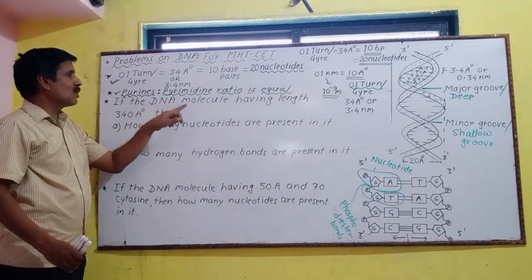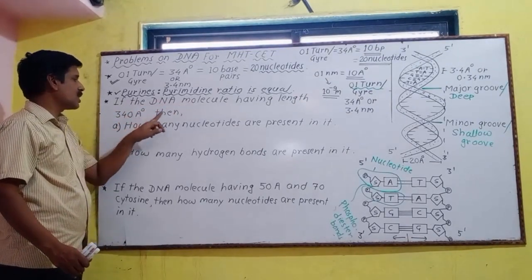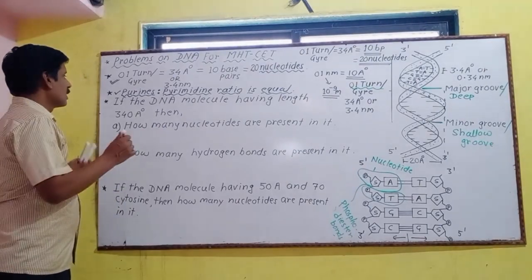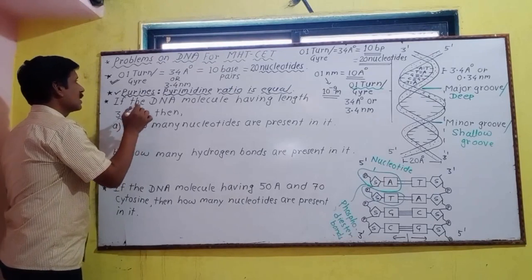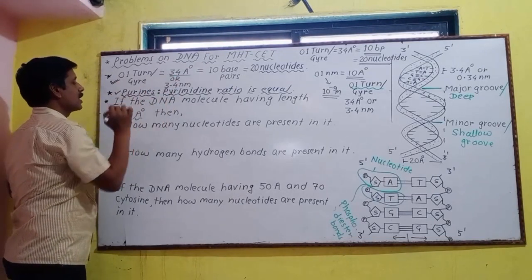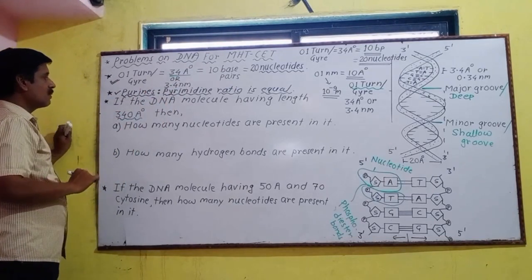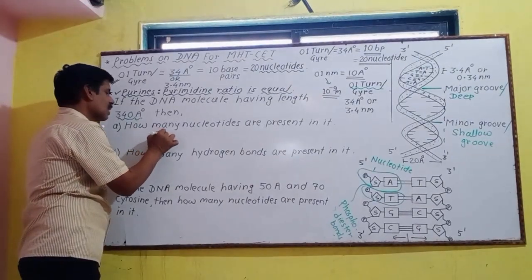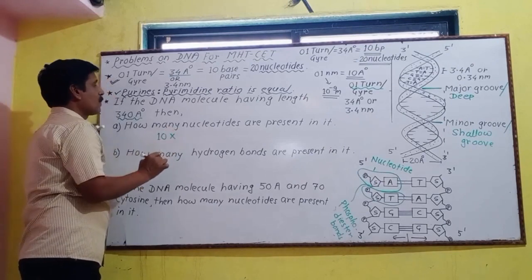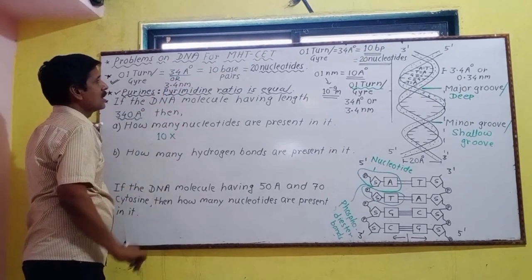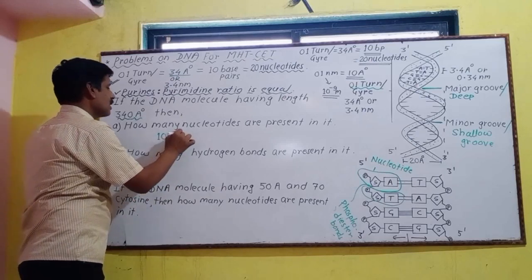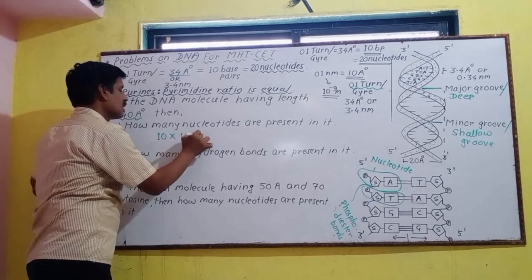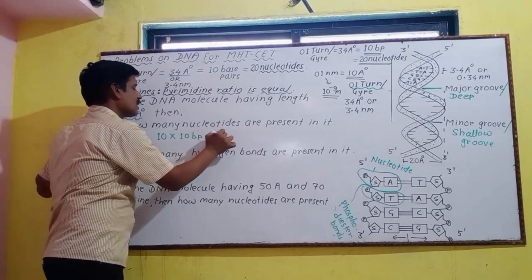If the DNA molecule has a length of 340 angstrom, then how many nucleotides are present in it? Here we know that one turn consists of 34 angstrom, and here the length of the DNA is 340 angstrom, means 10 times more, and we know that each 34 angstrom consists of 10 base pairs, means here we multiply by 10, 10 base pairs, means 100 base pairs.